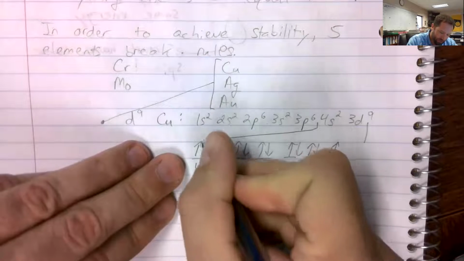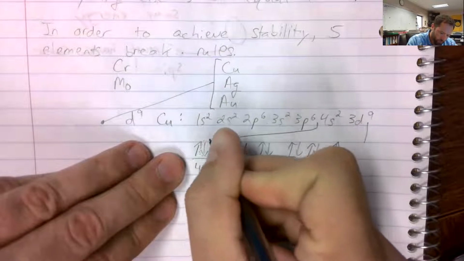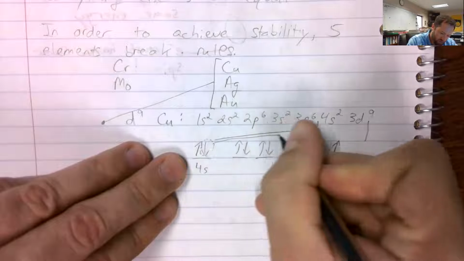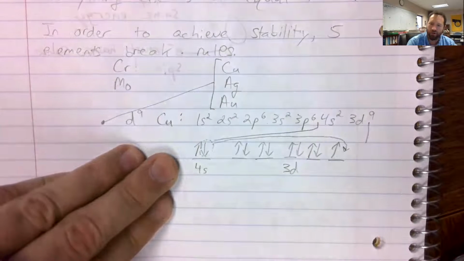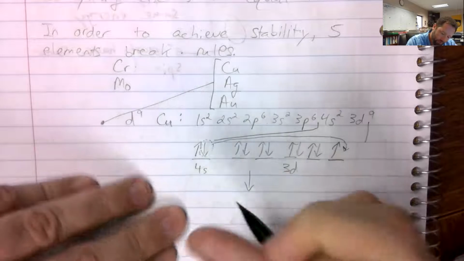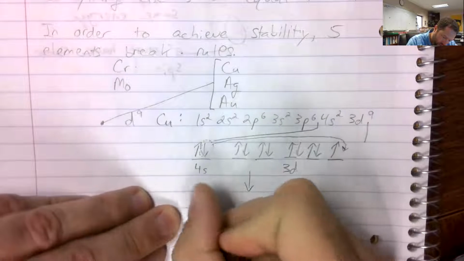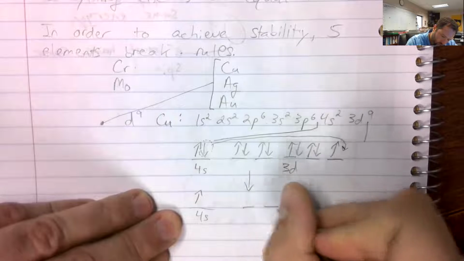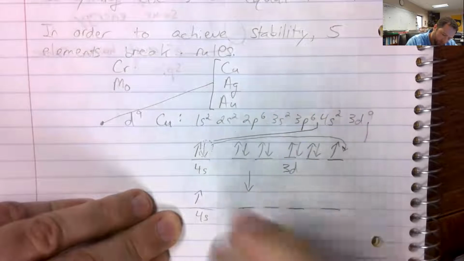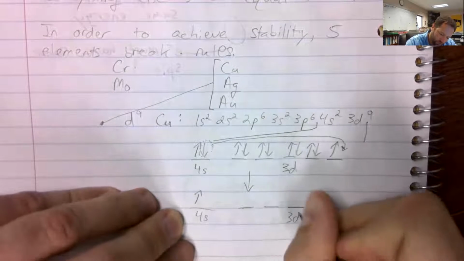So what's going to happen is we're going to pull this electron here and bring it over there. So we're going to end up with a configuration that looks like this. Just 1 arrow there in the 4s.